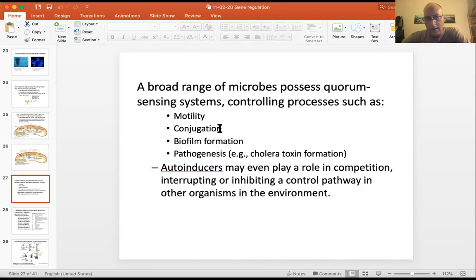It's used to control conjugation, because you don't need to be making conjugal pili and stuff when there's no other bacteria to conjugate with. So quorum sensing has turned into a really interesting field of study because it's used for a lot of different things. It turns out that gram-positive bacteria use quorum sensing, but they don't use the same mechanism. They usually secrete peptides that they then sense on the surface of the cells. So it's a way of sensing population, just not mechanistically the same as what we were just talking about.